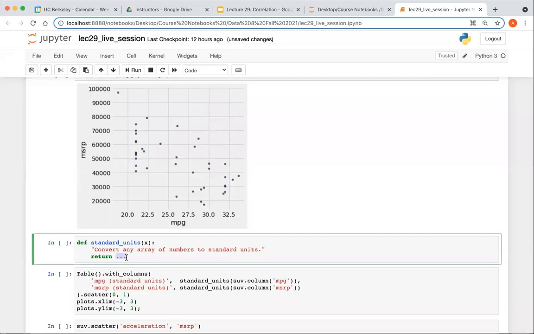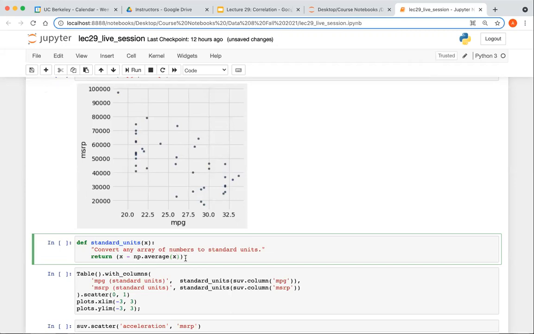So remind me how to convert to standard units. I have an array X. What do I do? Conversion to standard units goes how? Okay, X minus mean. Is this thing an array?